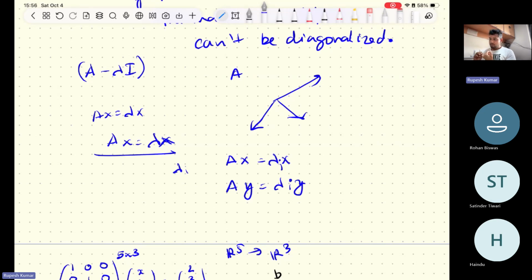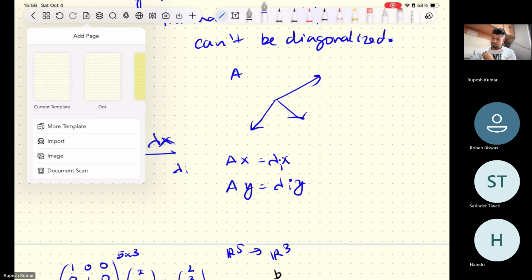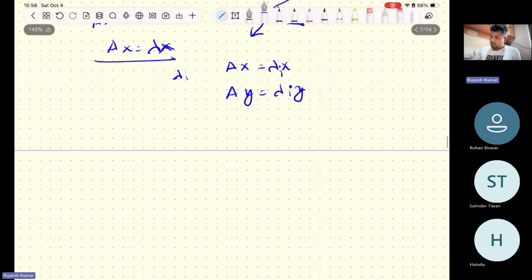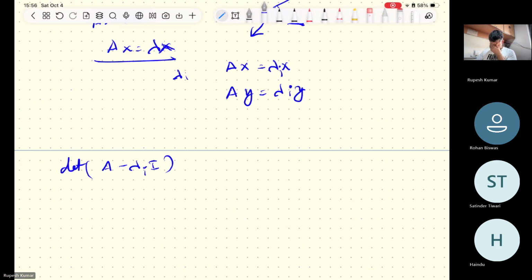This is what it looks like. Now let me go down the page. So now Ay equals lambda I y, and then I want to think of A minus lambda I times identity, and what does the null space of this matrix look like? What does the determinant of this matrix look like?